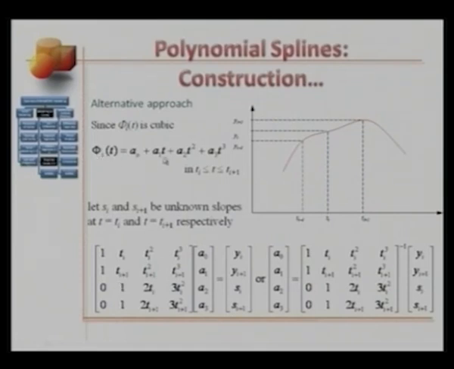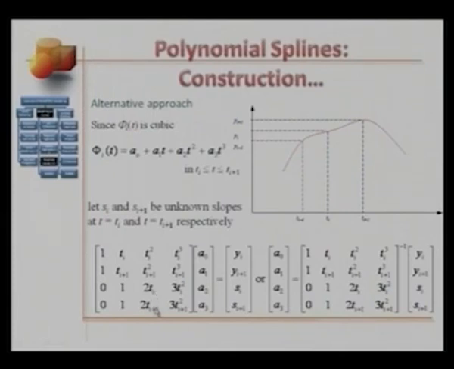If we differentiate this, we'll have a0, which is gone. We'll have a1 plus 2 a2 t plus 3 a3 t squared. If we substitute t equals t i, these two terms are 0, corresponding to the first coefficient, a0. These two terms will be 1. We'll have a1 here.